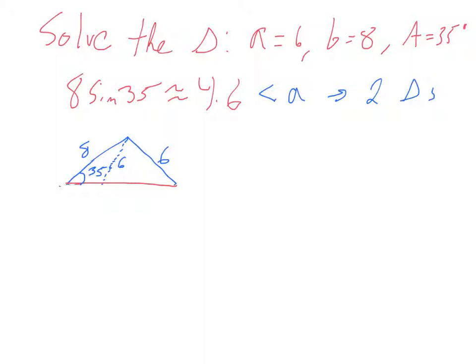Now, as we're going to see in a second here, first of all, let's just find the first one, sorry. So what we're going to do here is we're going to go ahead and set up our law of sines. So we'll do sine of 35 over 6 is going to be equal to sine of angle B over 8, right?